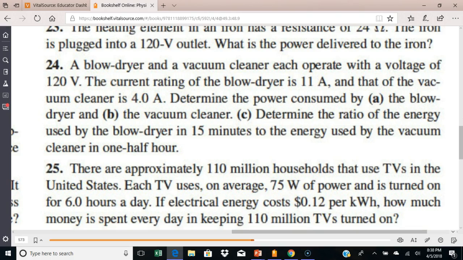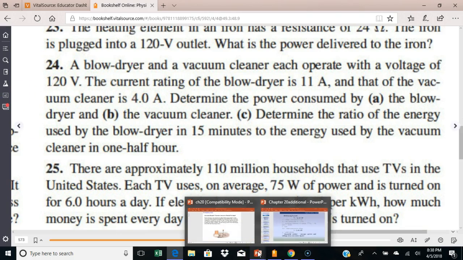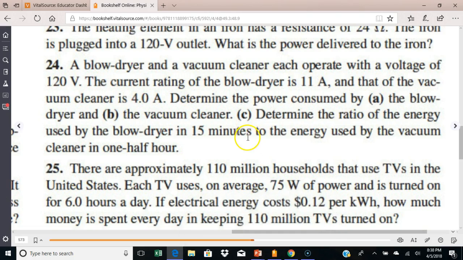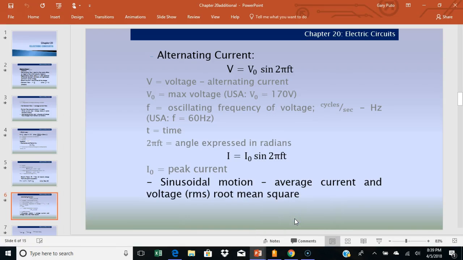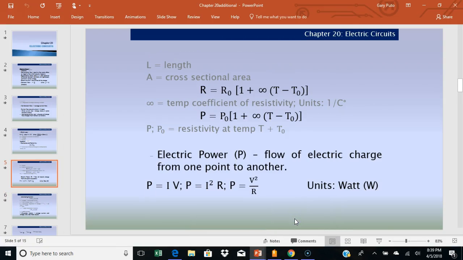First of all, I want to determine the power. I know my voltage, 120 volts, and I know my amperage, 11 amps and 4 amps. So I'm going to use my power equation: P is equal to IV.